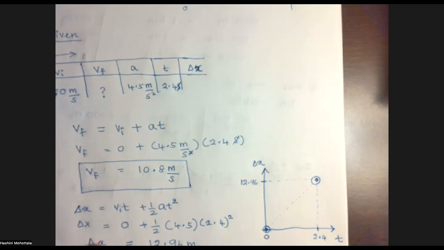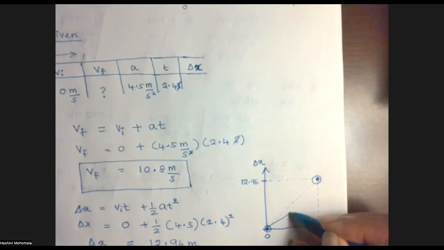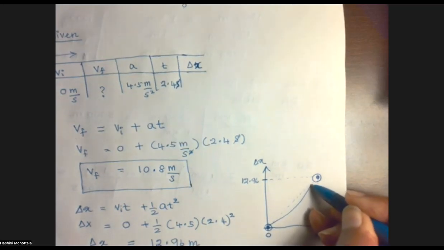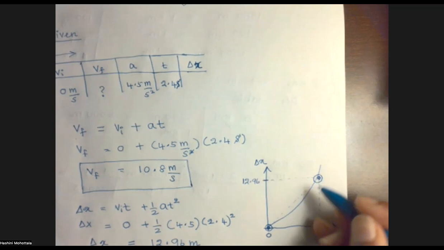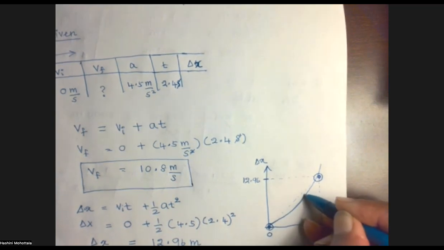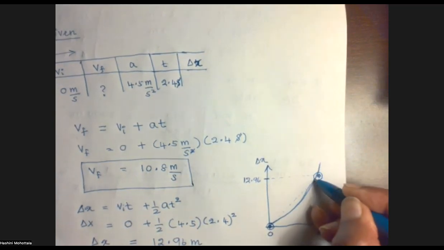Initially, we have a velocity of 0, and then we have 10.8 meter per second. So clearly, the velocity is increasing, right? So the straight line idea is not going to work. And as we discussed, we have to have something that actually goes up, so the slope is increasing as you go up.